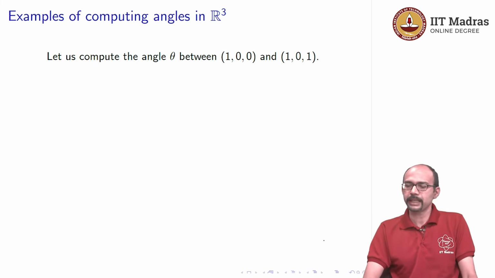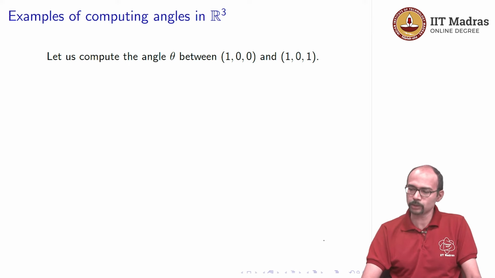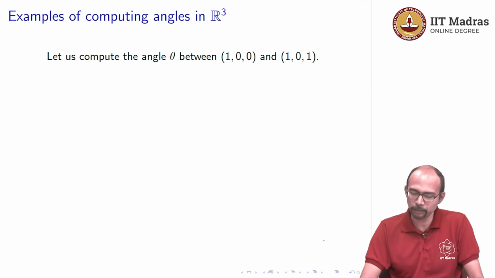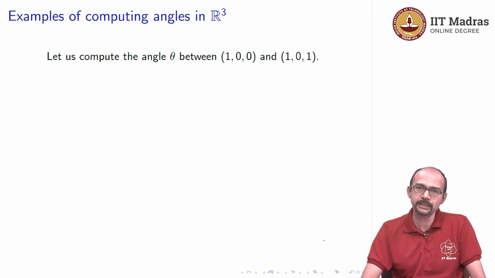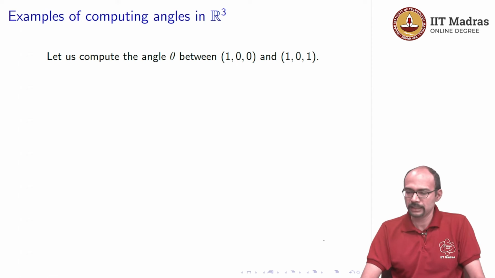Okay, so let us compute the angle theta between these two vectors 1 0 0 and 1 0 1. If our intuition is correct, we kind of know what the angle here is. Both of these are on the xz plane, right, y is 0. So, you just knock out the y coordinate.